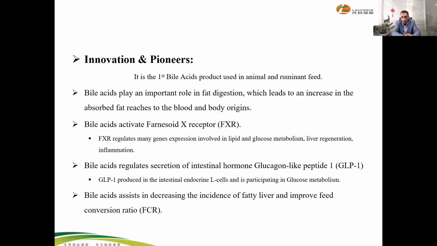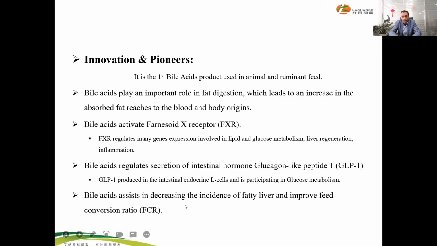GLP-1 is secreted in L cells in the small intestine and also participates in glucose metabolism. How does it do this? When the animal eats, digestion starts and glucose starts to be produced, and then you need to balance this by trying to secrete insulin to make the hormonal balance in the animal.